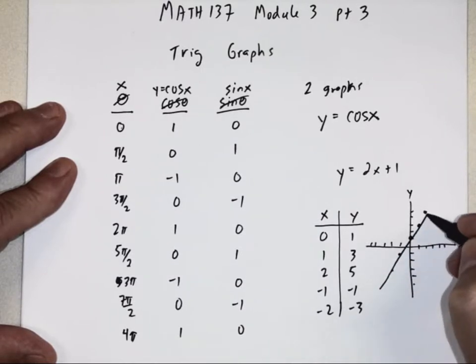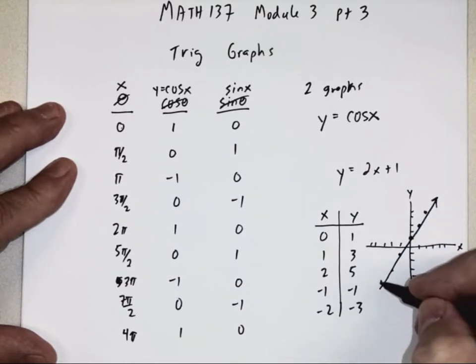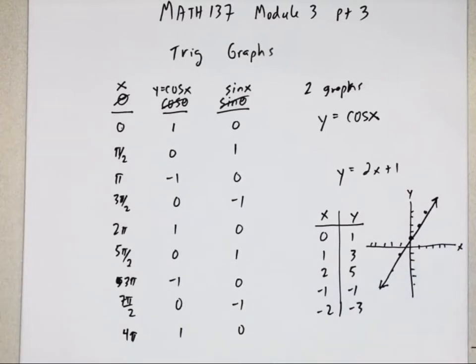And my graph is not perfect. Basically, it should have a straight line.